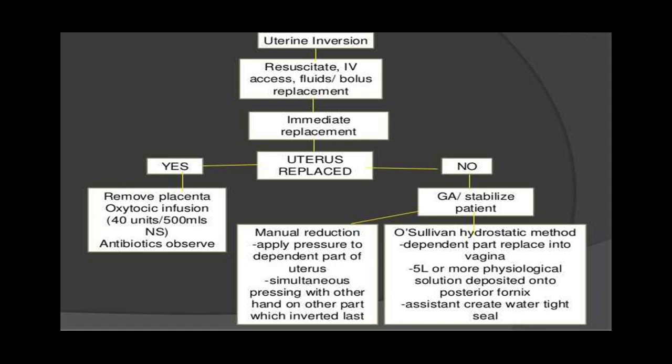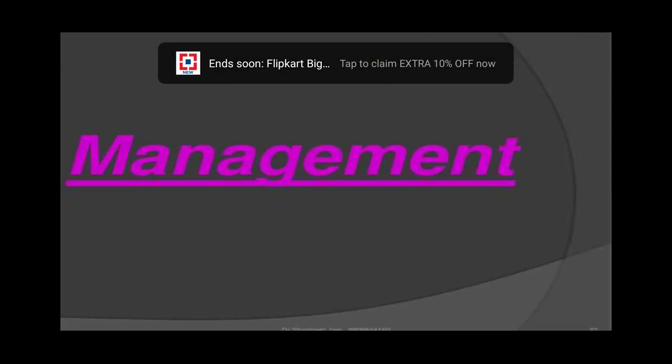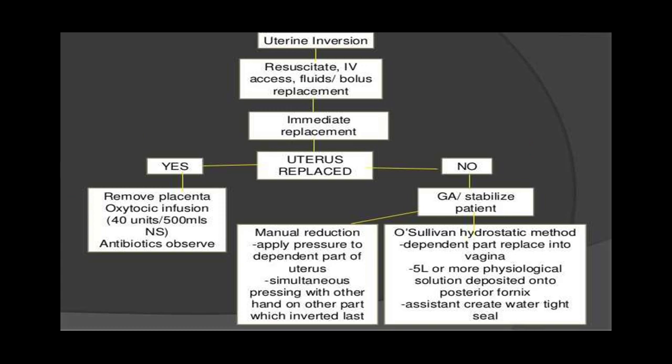Manual reduction means applying pressure to the dependent part of the uterus, simultaneously pressing with the other hand on the other parts which inverted last. The next one is O'Sullivan's hydrostatic method. Here the dependent part is replaced into the vagina, 5 liters or more of physiological solution is deposited into the posterior fornix, and an assistant creates a watertight seal.